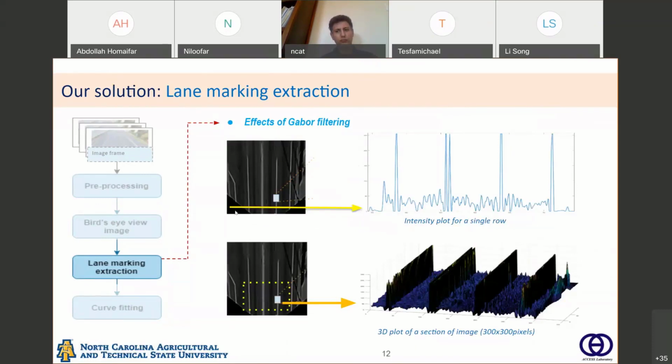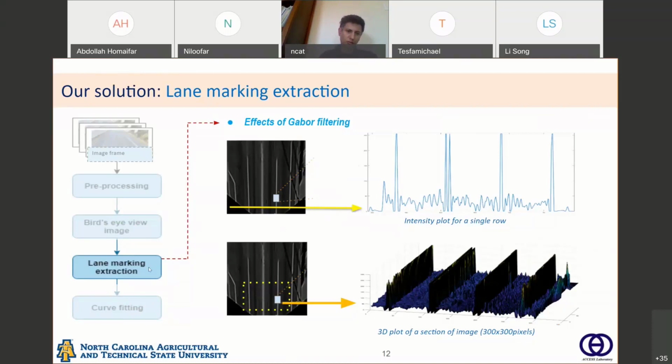If you look at a single row in this filtered image, this is the pattern that we get. And as you can see, these peaks correspond to the white pixels in this image, or basically the lane boundaries. And right next to these peaks, the intensity values around it are close to 0 most of the time. In some cases, it may not be exactly 0, but it's going to be close to 0.